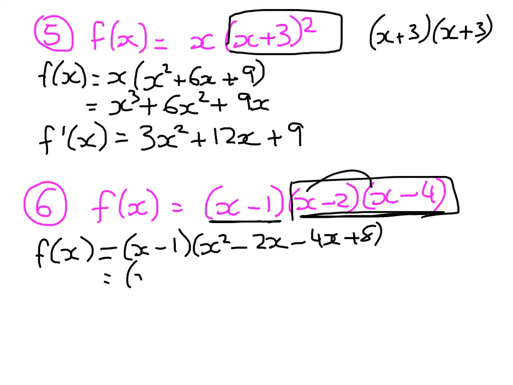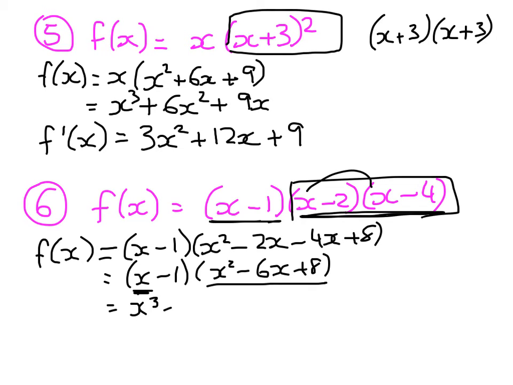So that gives me f of x is x minus 1 times x squared minus 6x plus 8. So that equals, first I'm going to times everything through by x, so x cubed minus 6x squared plus 8x, and now everything through by negative 1, minus x squared plus 6x minus 8.